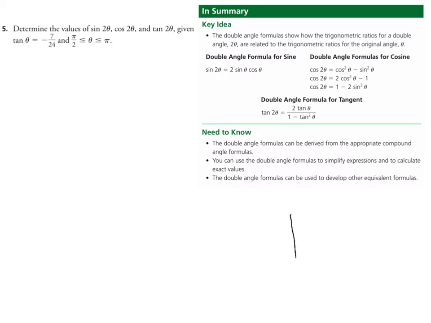We know it's in quadrant 2, between pi by 2 and pi, and the opposite has to be 7 because it's got to be positive, so the adjacent is negative 24, and the hypotenuse is 25 because 7 squared plus negative 24 squared is equal to 625, which is 25 squared. All right, so there's our triangle.